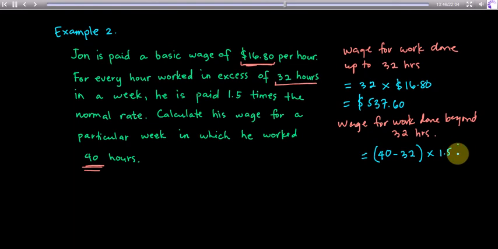He has a basic wage of $16.80 per hour. 40 minus 32 is equal to 8, then times 1.5 of 16.80, which is equal to $201.60.